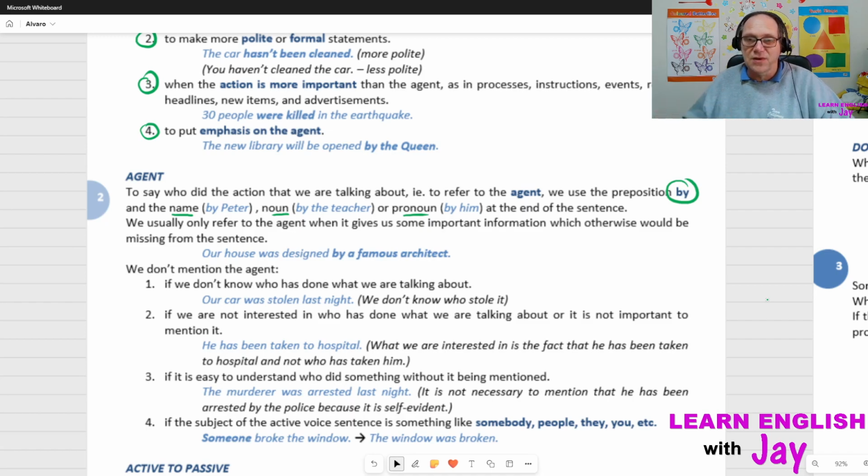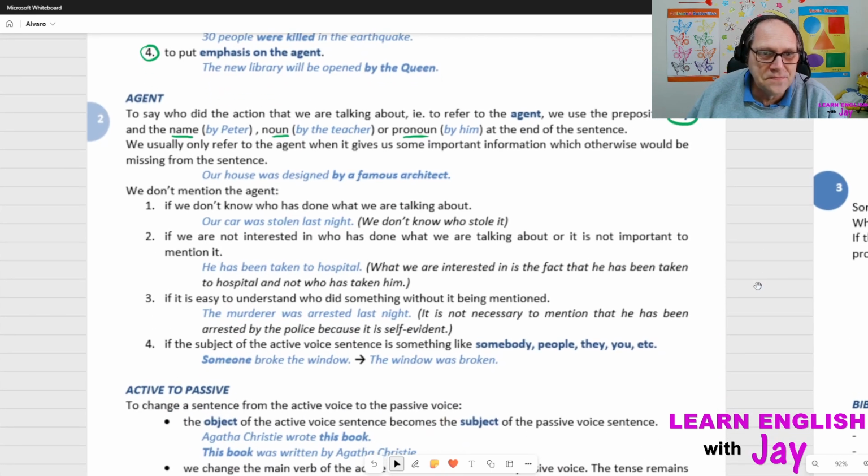That's not important. But if my room is being cleaned by a noisy maid, that's kind of important to note. Or a singing maid. My room's being cleaned by a singing maid. She's singing while she's cleaning. So that's important information that we want to add.